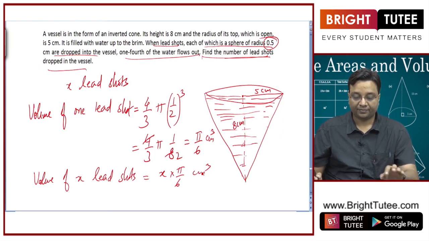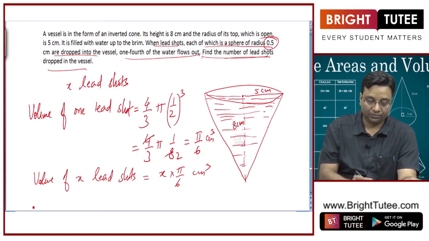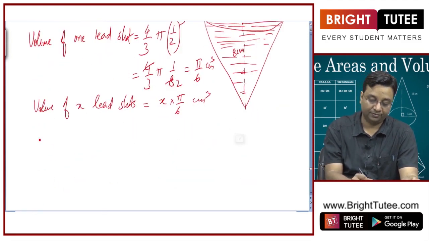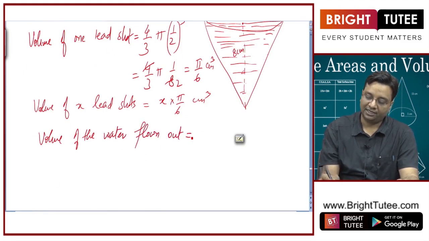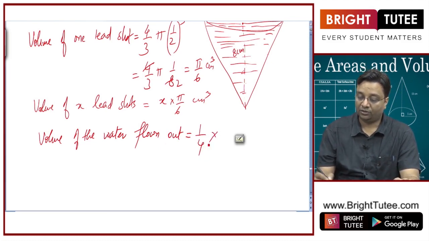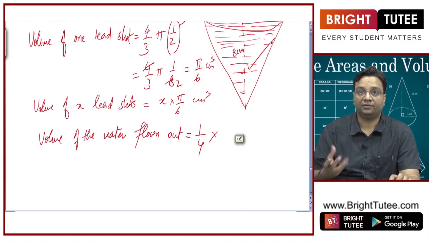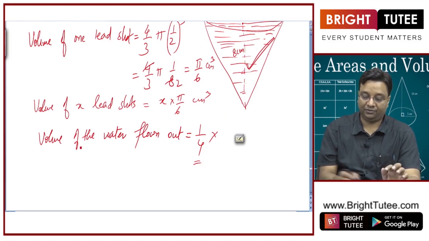Okay. Now 1/4 of the water flows out. So volume of the water flown out is equal to 1/4 of the water, which is in conical shape. So volume of this conical container, 1/4 of that flows out.